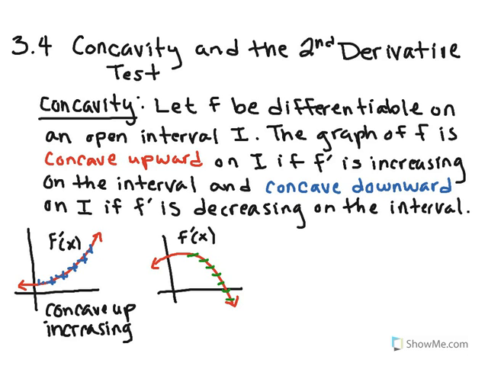So this is an example of a concave downward function, and it is because f prime is decreasing. So this is what concavity means. It's just whether the graph has an upward shape or a downward shape.